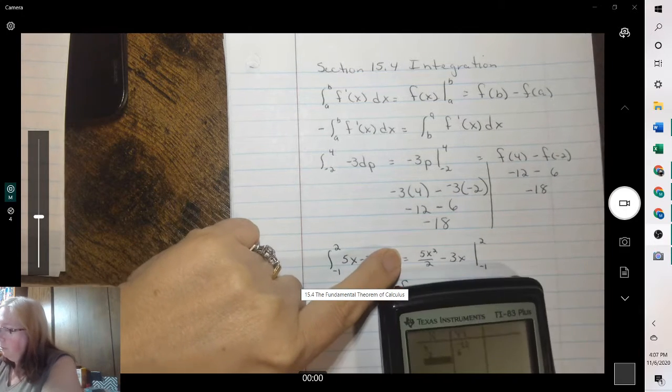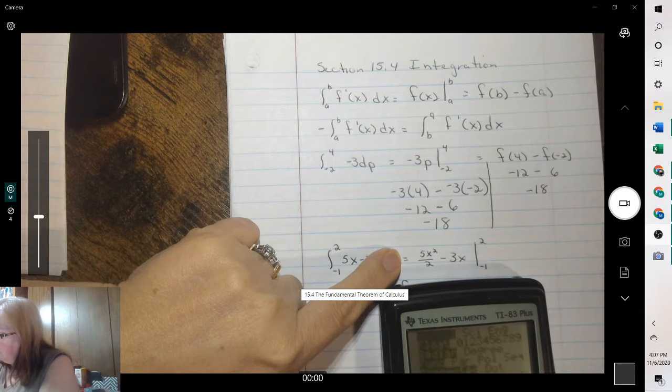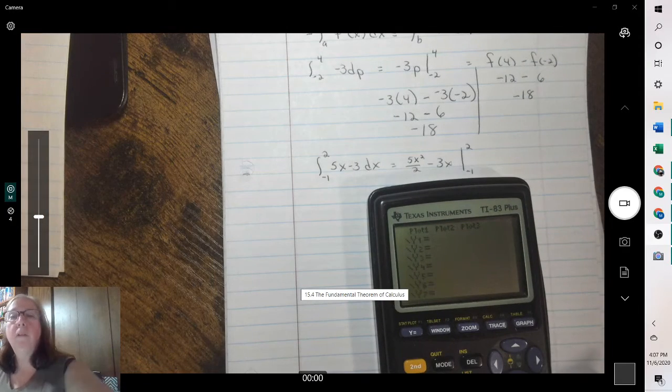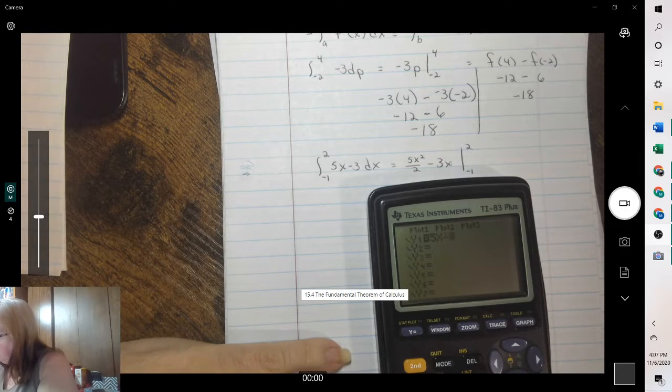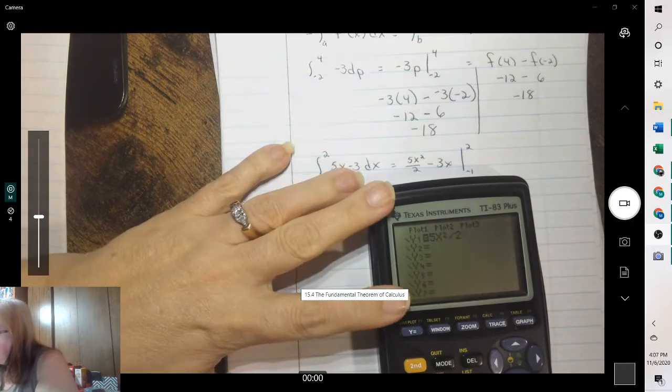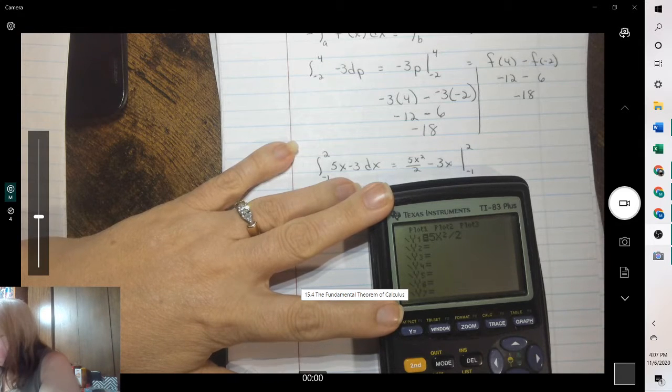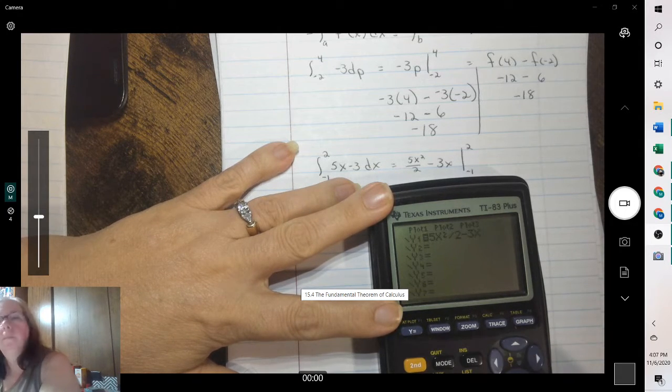So we put this into our equation. Oops. Under y equals 5x squared divided by 2 minus 3x.